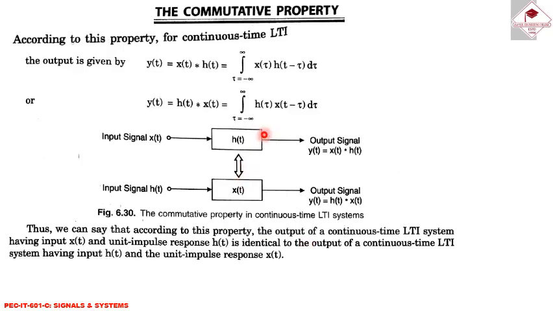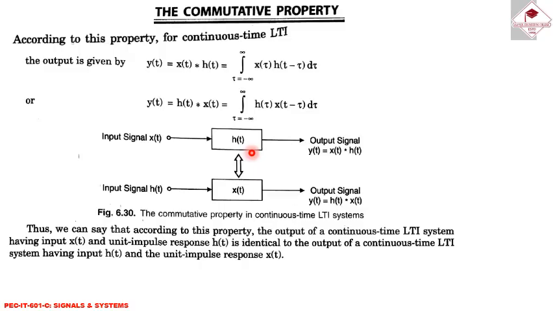According to this property, for a continuous time LTI system, the output is given by y(t) = x(t) convolution h(t), that is equal to the integral from tau equals minus infinity to plus infinity of x(tau) h(t minus tau) d tau, and y(t) = h(t) convolution x(t), that is equal to the integral from minus infinity to plus infinity of h(tau) x(t minus tau) d tau.